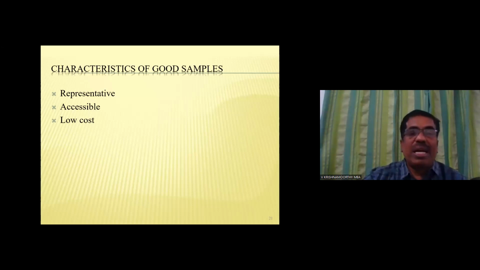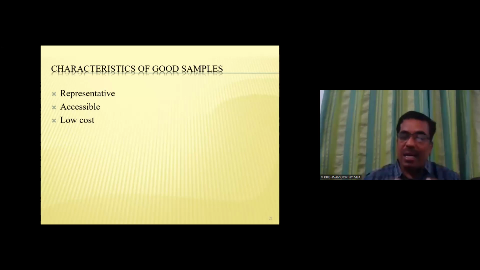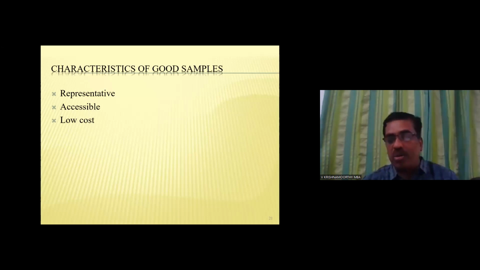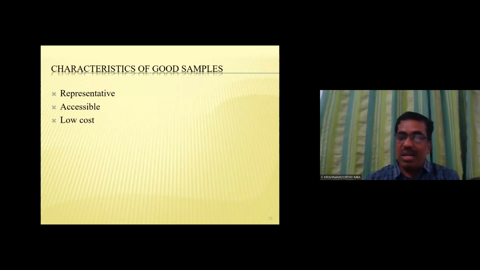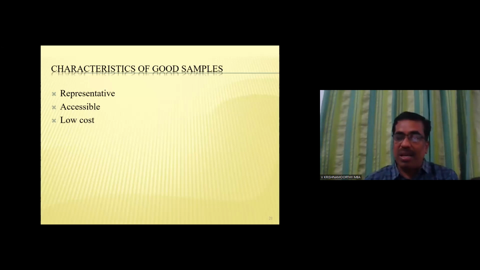So what are the characteristics of a good sample? It should be representative. Whenever you draw a sample, it should represent the entire population. You might be aware that in sampling there are two different laws: the law of statistical regularity and the law of inertia of large numbers.